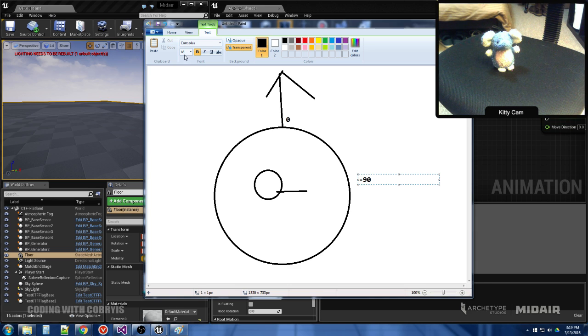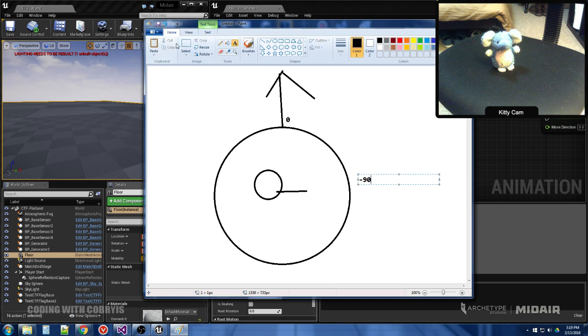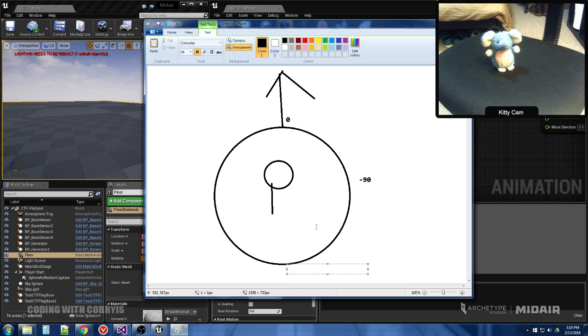Alright, this direction is negative 90. And down is negative 180 and positive 180, depending on what side you're coming from.